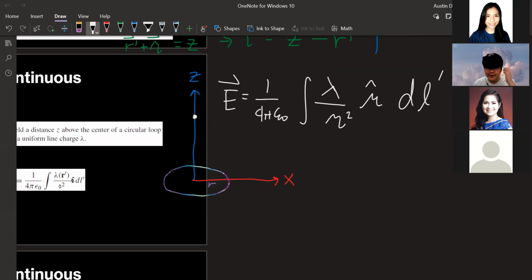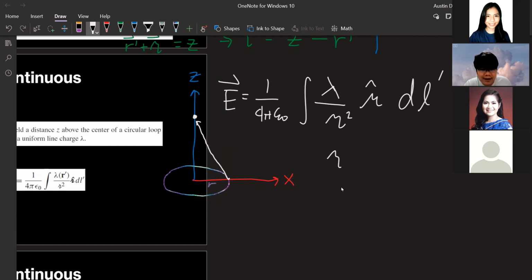Okay, so what is the curly r? Your curly r will be, again, from the charge here towards your point of interest, which is where we are finding the electric field, right? Okay?